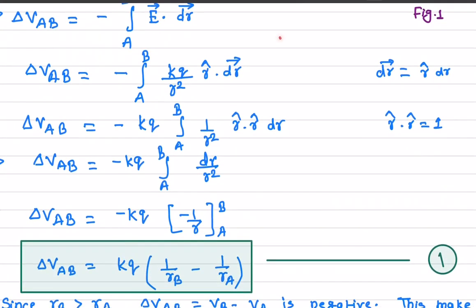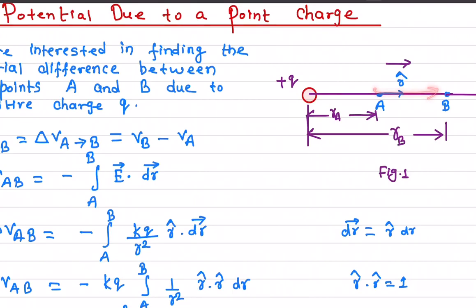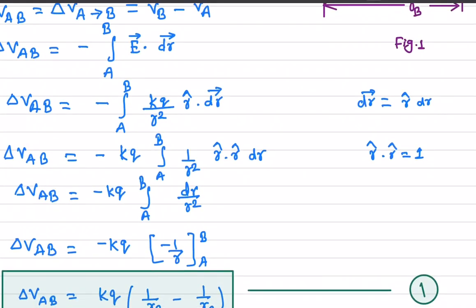So how do you know the electric field due to a point charge? The electric field due to a point charge is given by KQ over R square, and that's what we have written here. And here the r hat gives you the direction. In this case, the direction is this way. K is a constant.